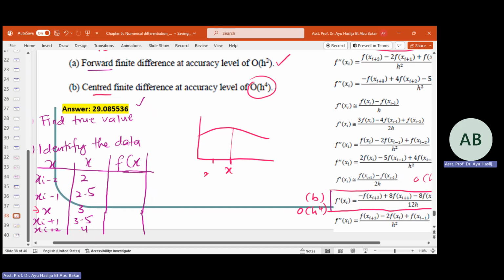So you need xi minus 1, xi minus 2. You need 2 points backward. Then you need 2 points forward. Each of the points has the same step size, which is the h.